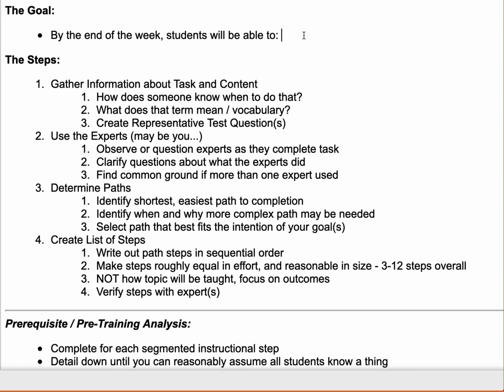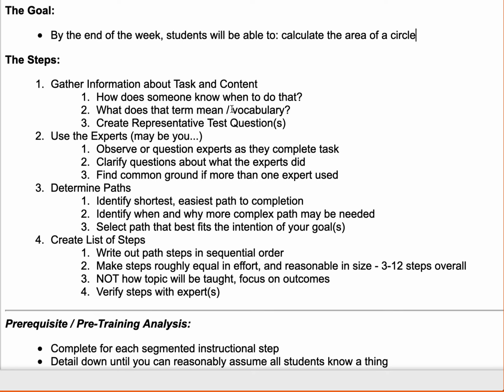So let's say they will be able to calculate the area of a circle. I think it was something along those lines. So pretty cut and dried. It's a pretty specific goal. It's measurable because they will get the right answer or not based off of the information they're given.